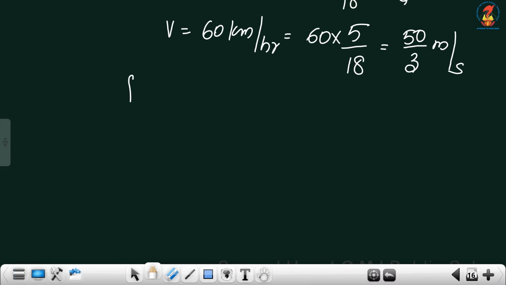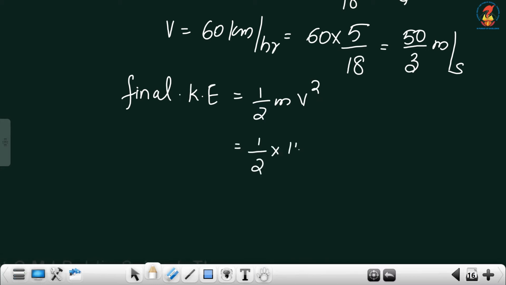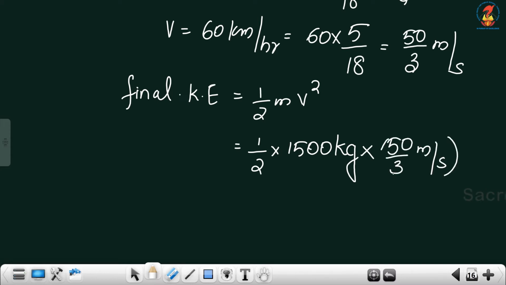Okay. So, final kinetic energy is equal to half m v square, that is equal to half into 1500 kg into 50 by 3 meter per second the whole square.